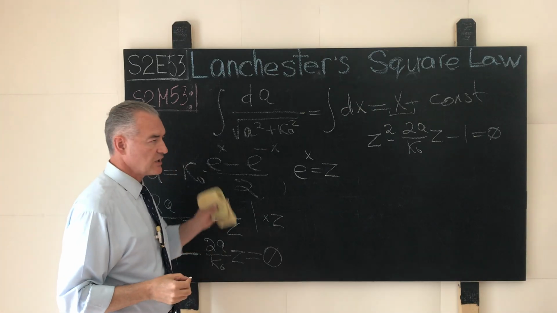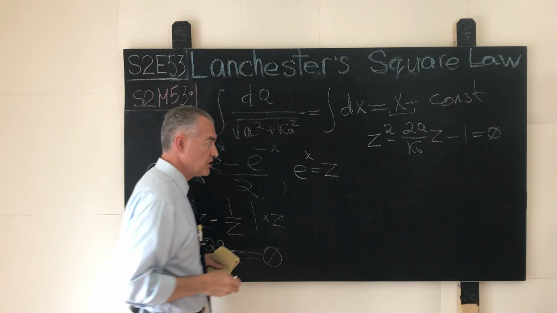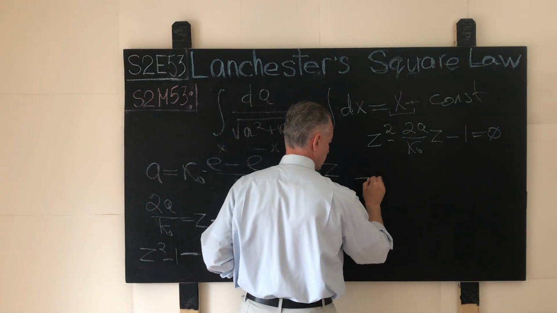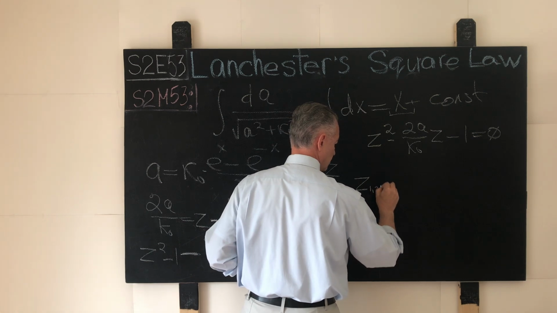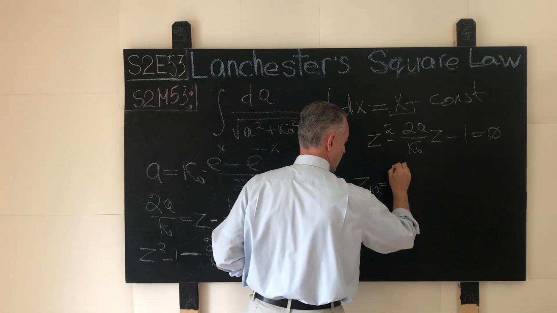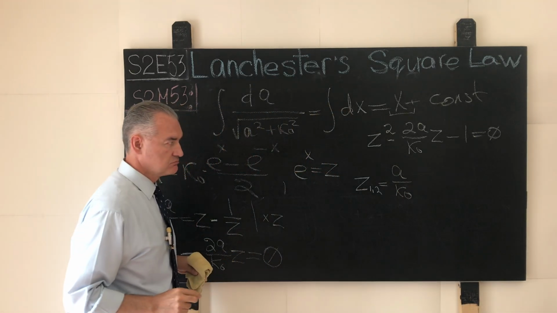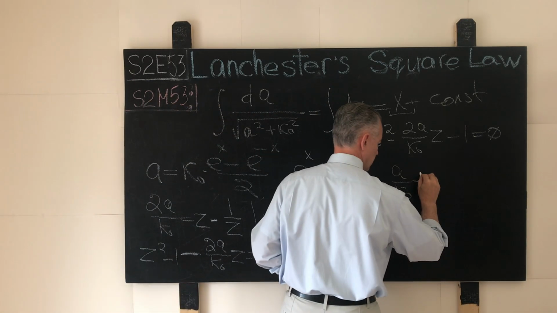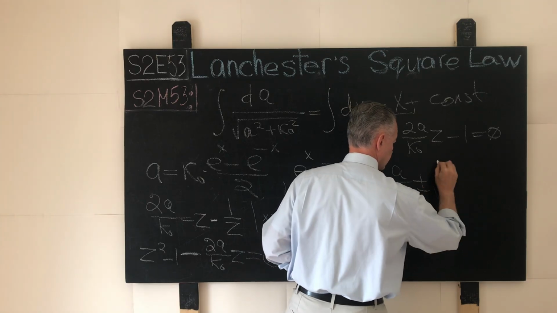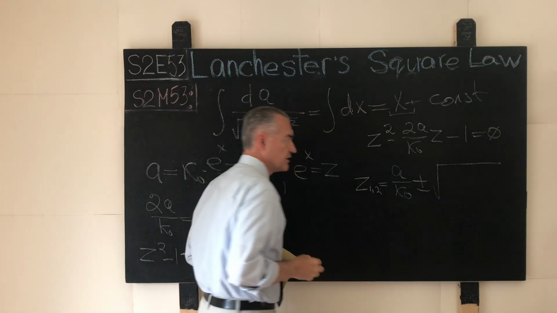We're home free. We write down the roots for that equation right away. We know them in our sleep. Z1,2 is equal to what? A over k0 plus minus square root of what? Let's think about this together.